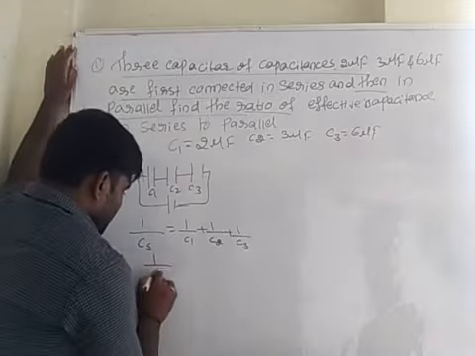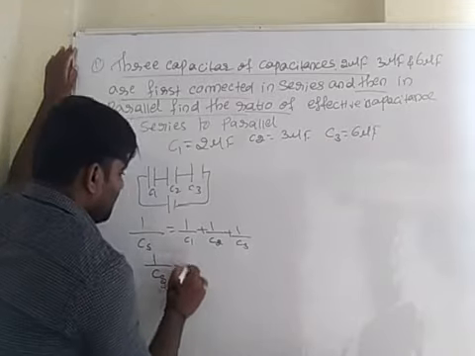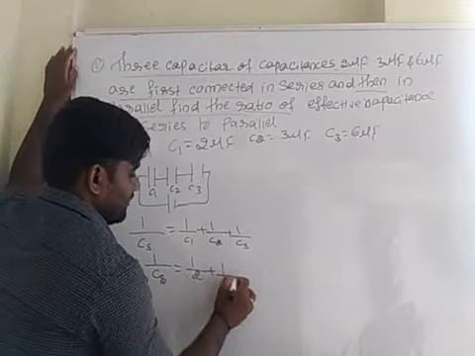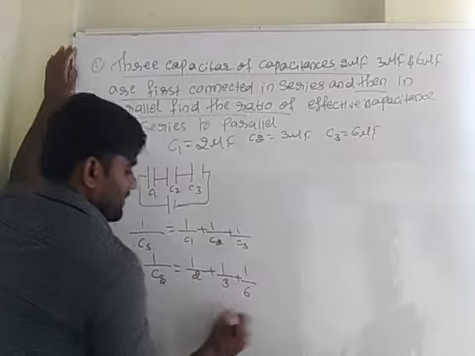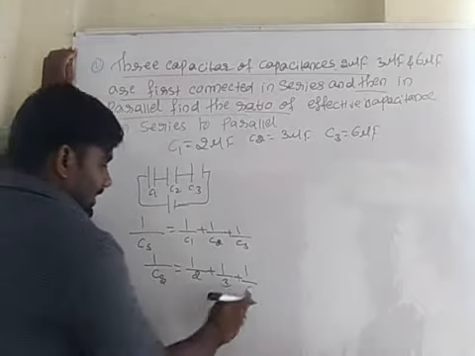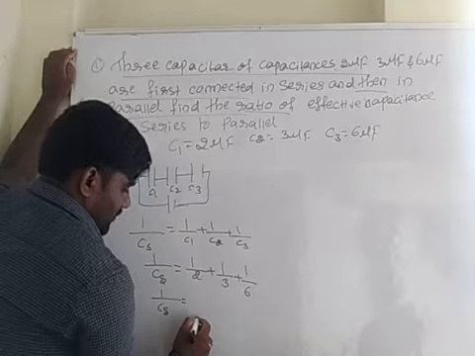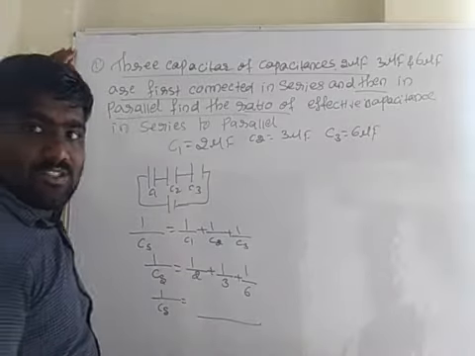So 1 divided by CS is equal to 1 divided by 2 plus 1 divided by 3 plus 1 divided by 6. Take the LCM of all this. How much are we getting?